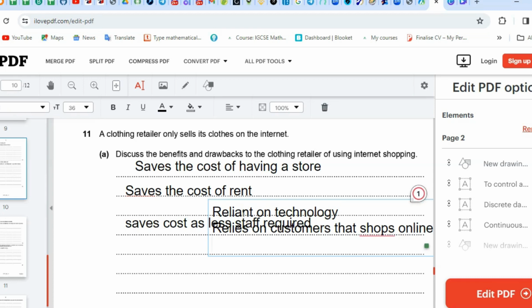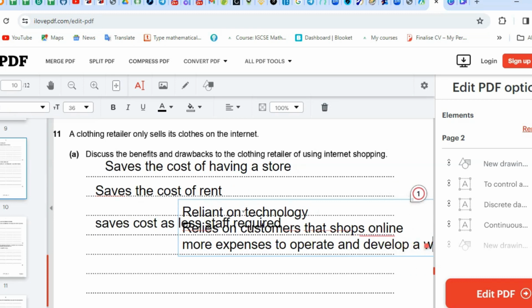Then the third one, increased cost: more staff needed to operate and develop the website, so more expenses to operate and develop a website.